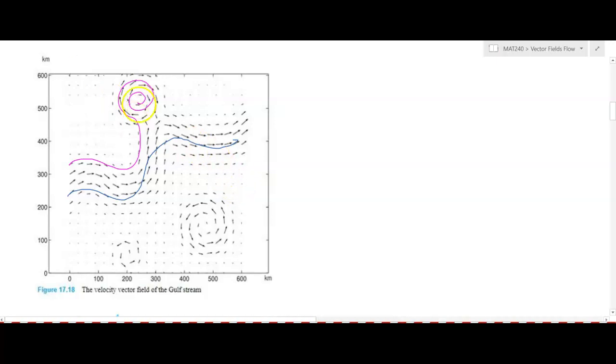The size of the vectors, the length of the vectors, well, if this is velocity, then the length of these vectors is the speed of current, and direction of v is the direction of flow.